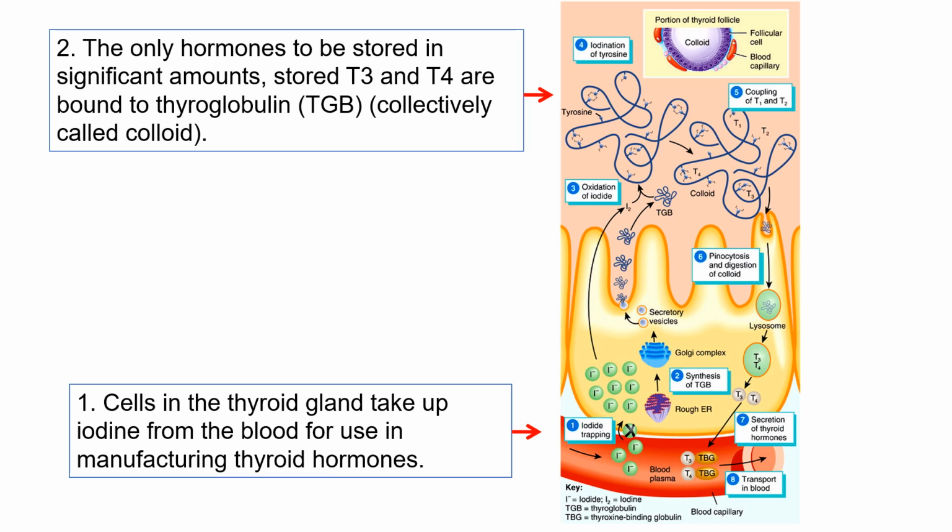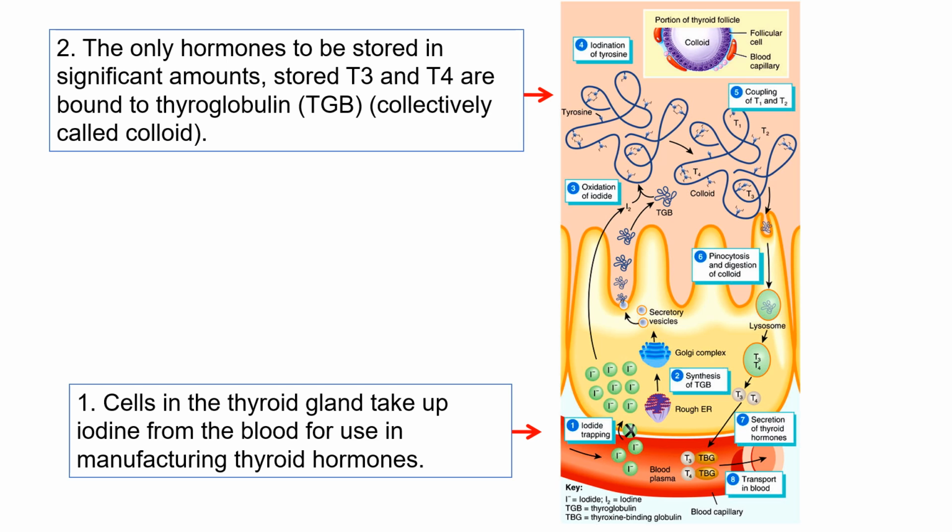In this image, we see a single follicular cell in yellow, and we see the colloid up above in pink. And one of the goals of this image is to teach us about the synthesis and storage of the thyroid hormones T3 and T4.